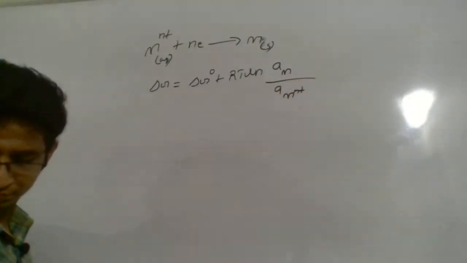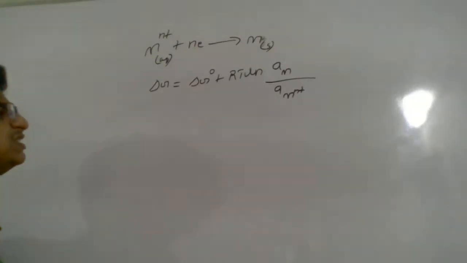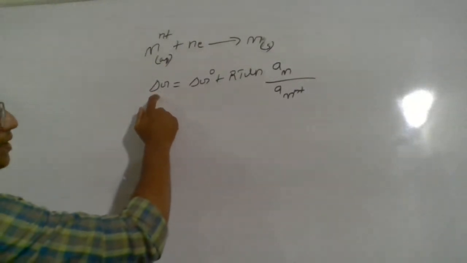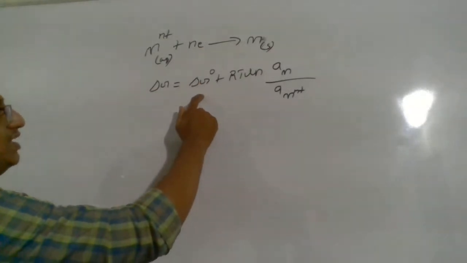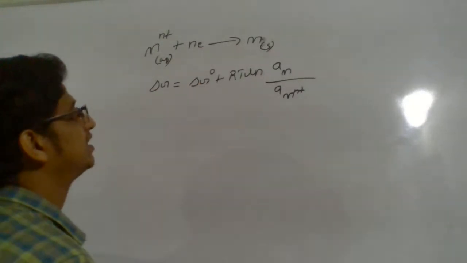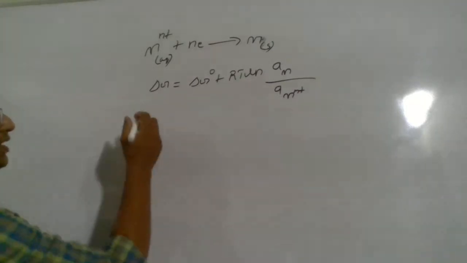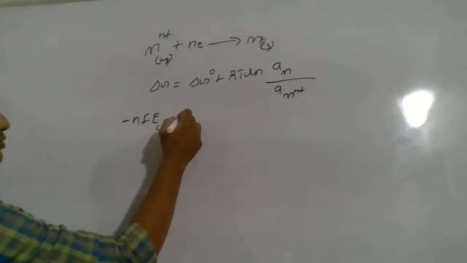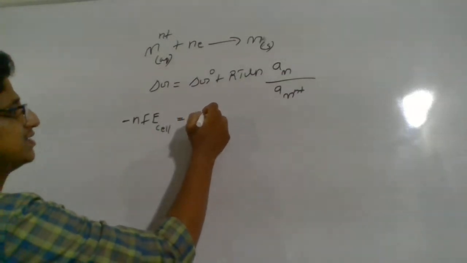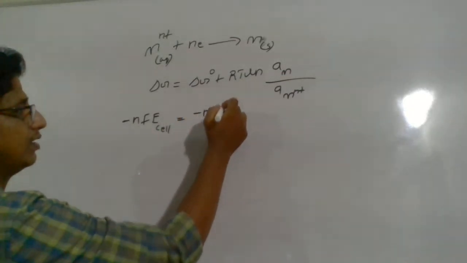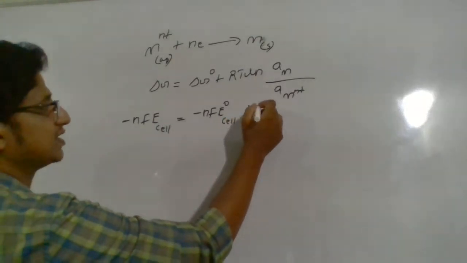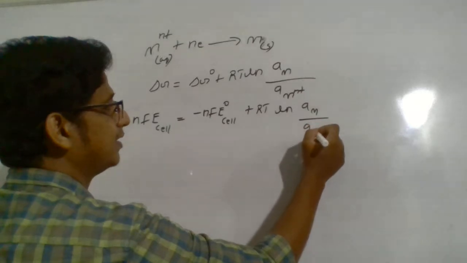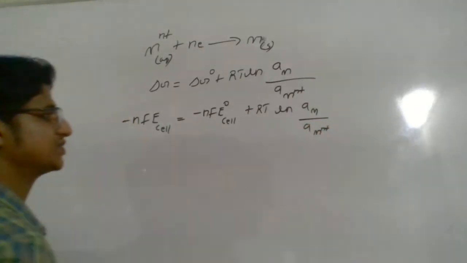Now apply delta G equals minus nFE cell and delta G0 equals minus nFE0 cell. So minus nFE cell equals minus nFE0 cell plus RT ln a_M divided by a_Mn+.